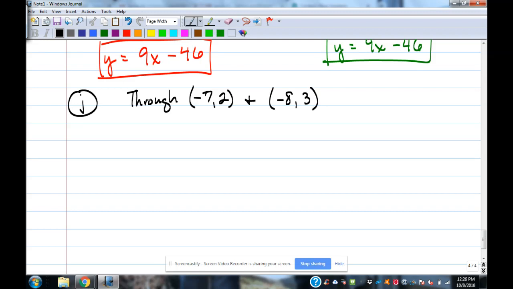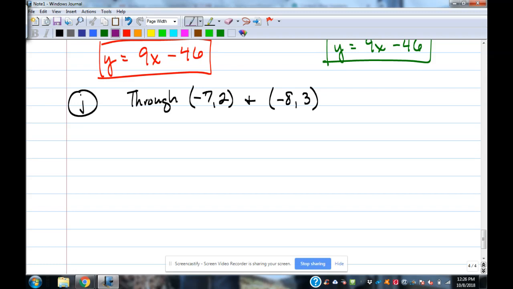There's our two ordered pairs. We want to write the equation in point slope form and slope-intercept form. So we're just working both of those forms today. Wednesday we'll add the last form.